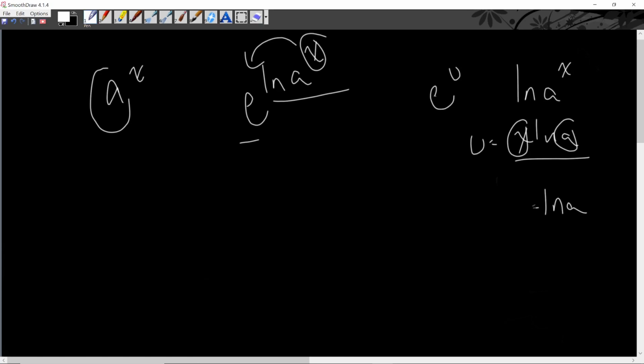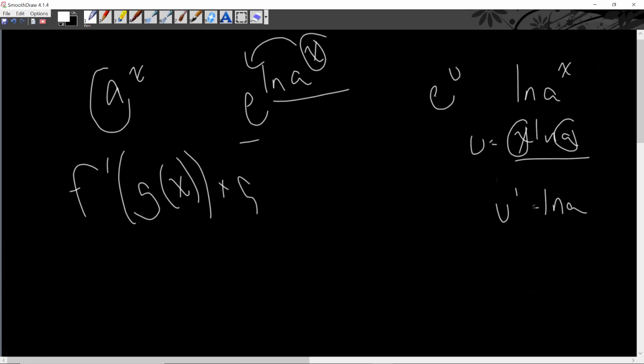I don't know why I wrote du dx. Maybe I'm just thinking of integrals too much. But we do e to the u times u prime, right? We have to do f prime of g of x times g prime of x when we see a function inside of a function. We do the derivative of the outside, so differentiate f with respect to g, and then multiply it by the derivative of g.